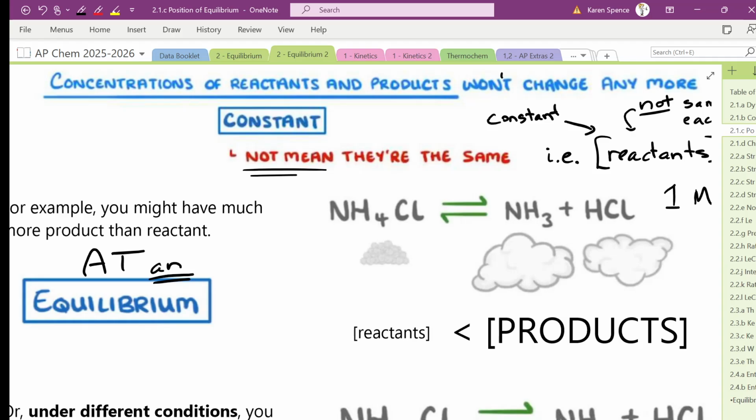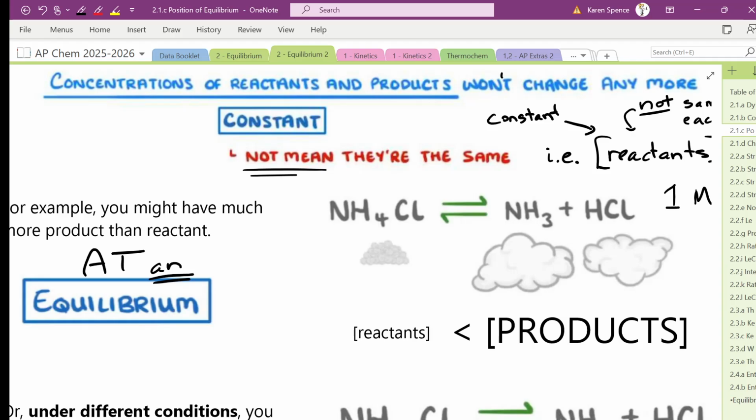What conditions are necessary for an equilibrium? We need a closed system. We need a constant temperature. What if I were to change the temperature? Then I would no longer be at equilibrium and I would shift to a new equilibrium.